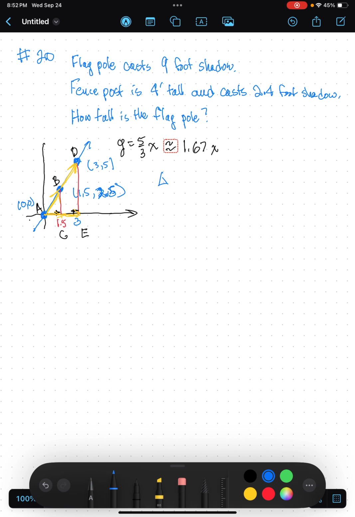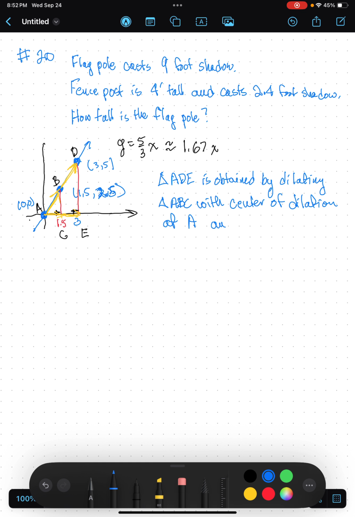That means that triangle ADE is obtained by dilating triangle ABC with center of dilation at A and scale factor two.